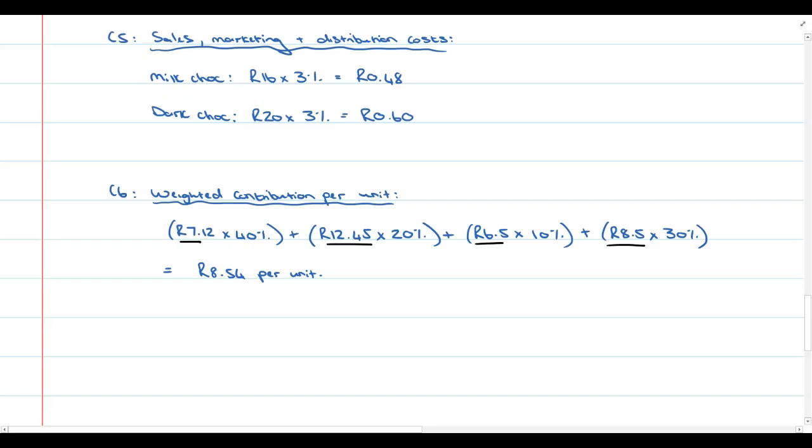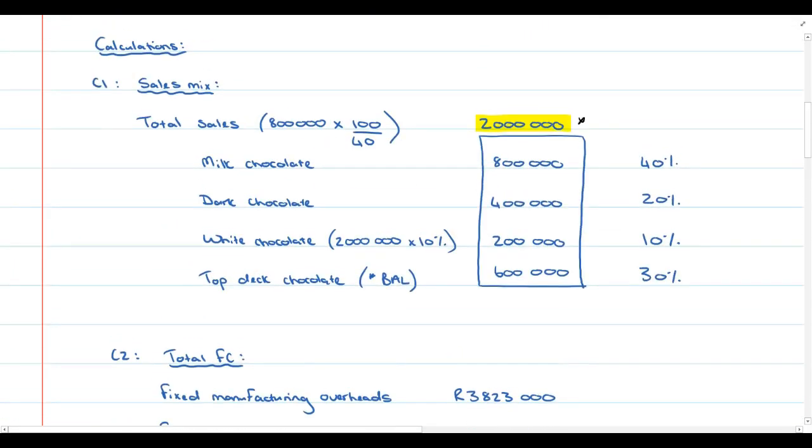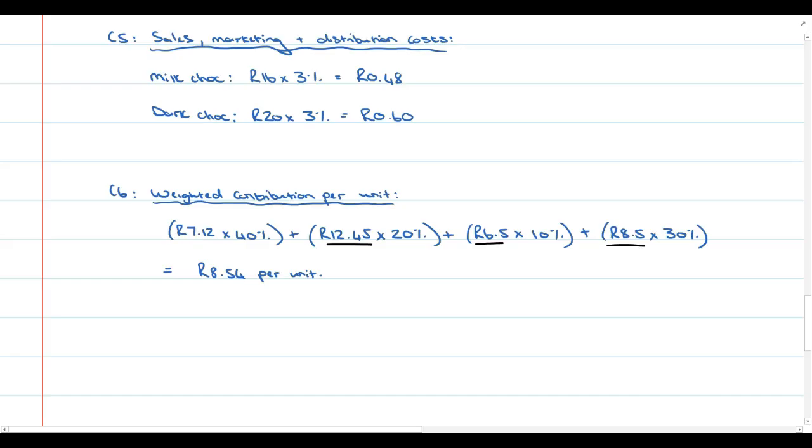So take the contribution per unit, multiply by the sales volume, calculate contribution in total, and then divide by the total sales volume, which is obviously the 2 million units that we calculated above, and that will give you exactly the same answer. So you're welcome to also perform the calculation in that way. It just depends on what works better for you. Okay, and we can now wrap this calculation up.